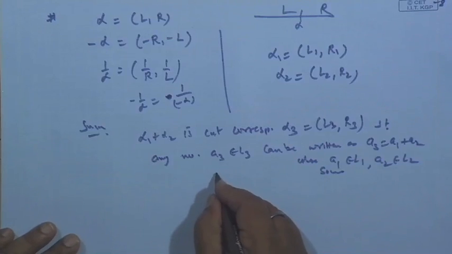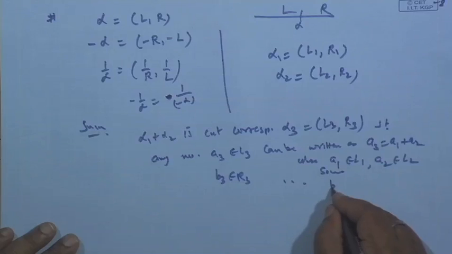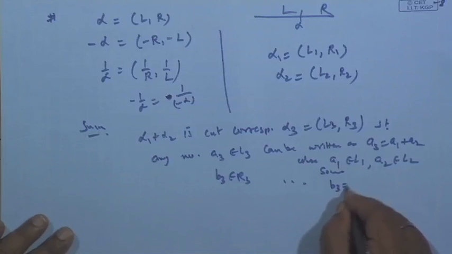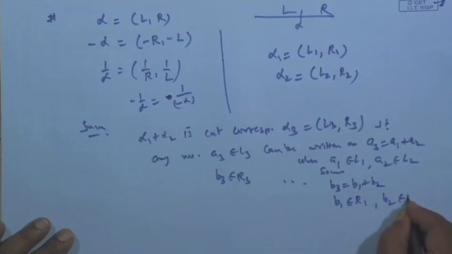Similarly, any B 3 belonging to R 3 can be written as B 1 plus B 2, where B 1 is an element in R 1, B 2 is an element in R 2.